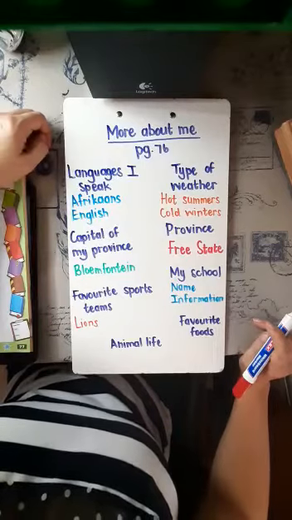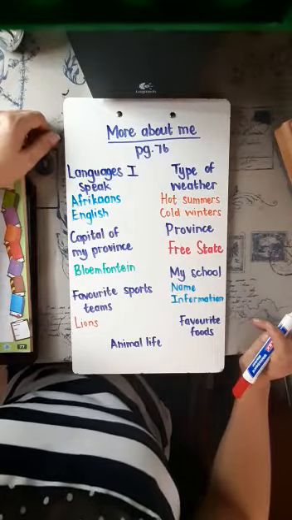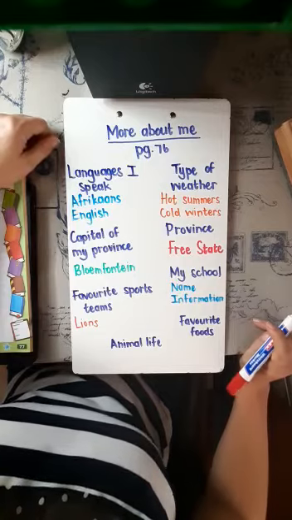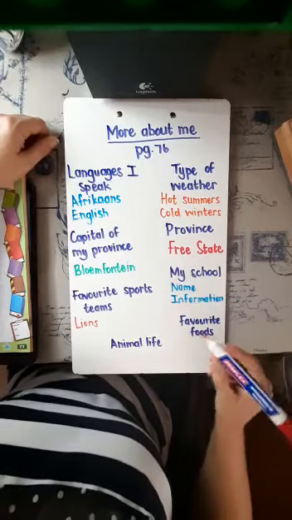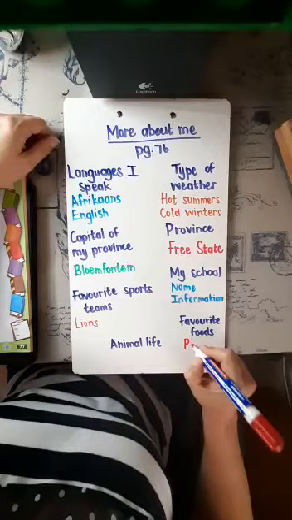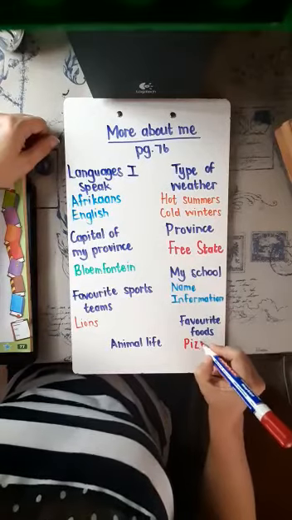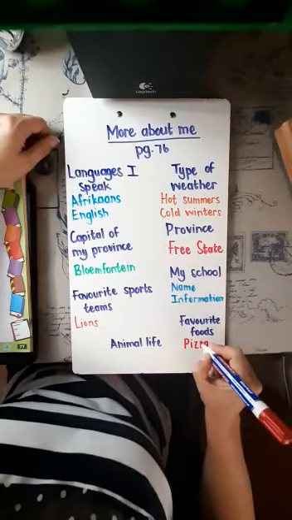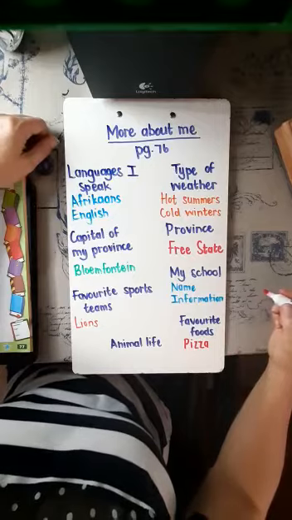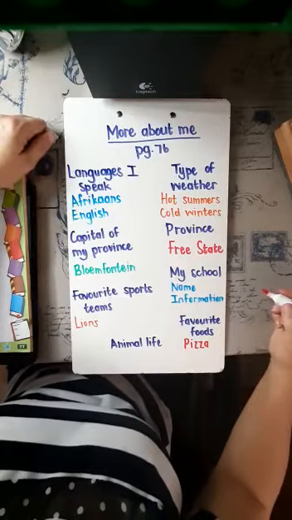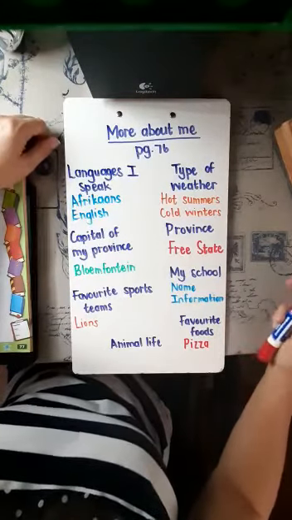I think in this lockdown period, we might be missing our favorite fast food restaurants. So in this case, I'm going to write down pizza. Remember, here you can write down more than one, and you can also write down your own answer.